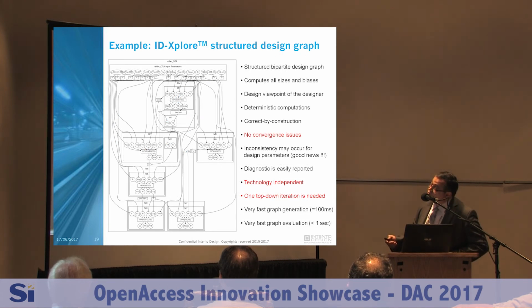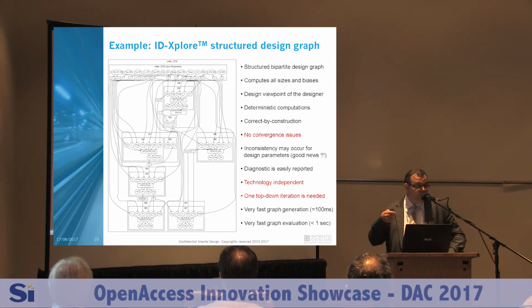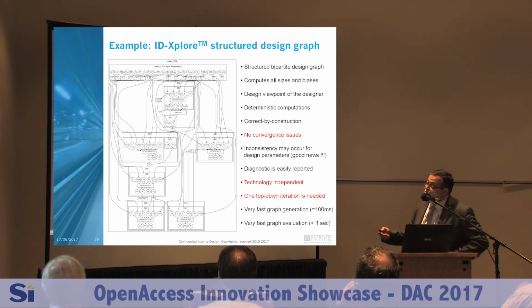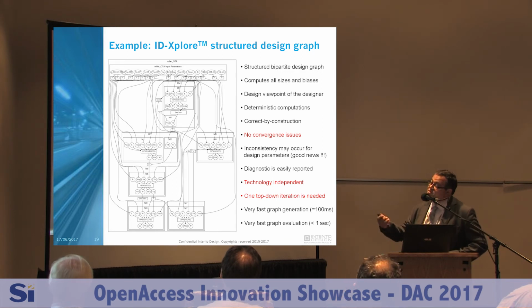We have here M3, followed by M1, followed by M5, followed by M8. So we are capable of deducing quickly what the designer would like to do, and we just do it quickly for him. But we cannot deduce it without the input of the designer. This theory simply tells us that if we have a set of DC constraints and a set of parameters, we have only one graph that satisfies both.